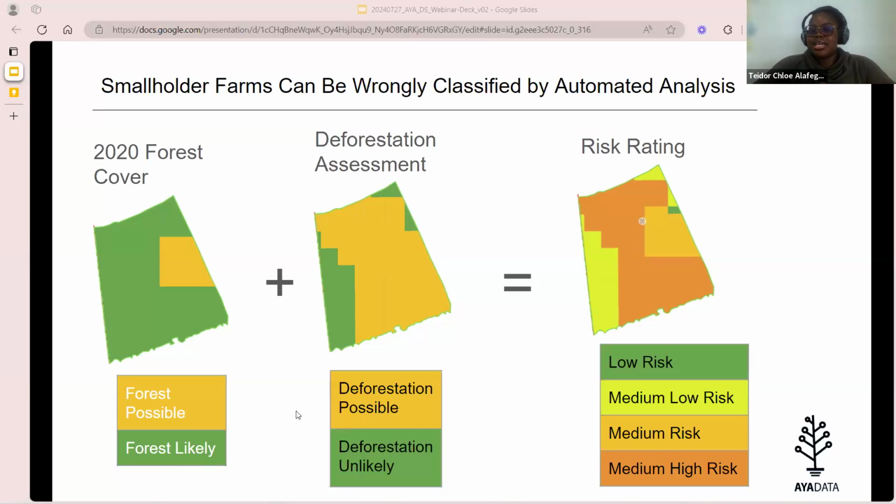Automated analysis may incorrectly label areas within a polygon as high risk due to inaccurate data or algorithms. For example, a section of farmland or cropland might be marked as deforested even though it has been in use for crops for years, which is the case with this polygon that we're looking at, and we'll see how manual inspection reveals that.